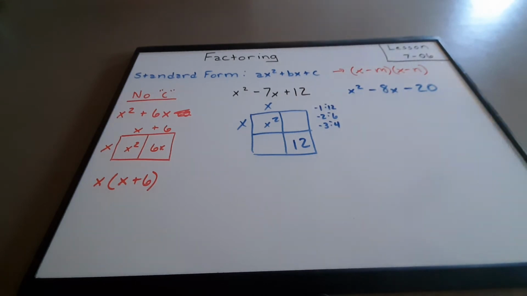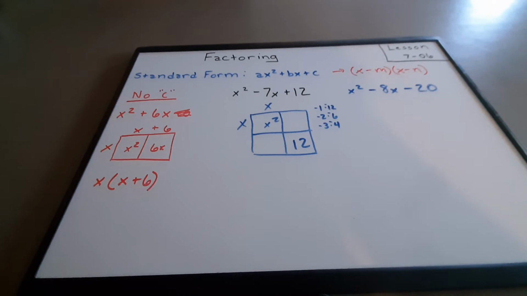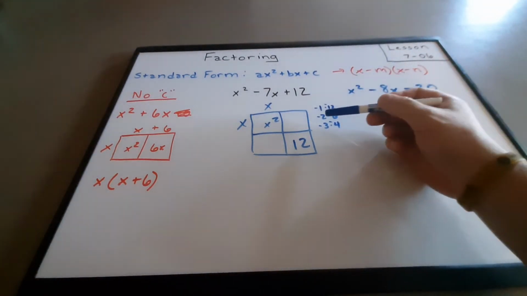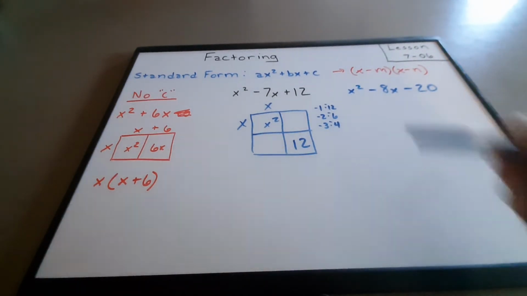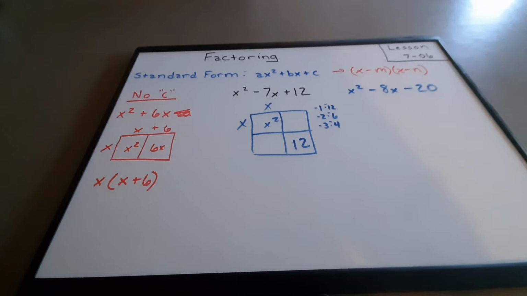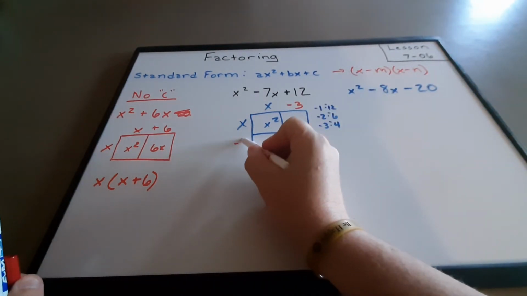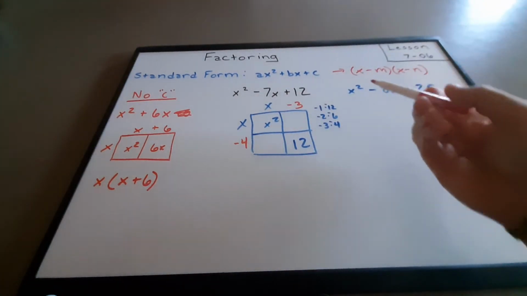So then we just have to use a little trial and error to figure out which one adds up to negative 7. Well, negative 1 and negative 12 make negative 13, negative 2 and negative 6 make negative 8, negative 3 and negative 4 make negative 7. So our answer should be negative 3 and negative 4. Which side you put them on does not matter. So then we just test it out.